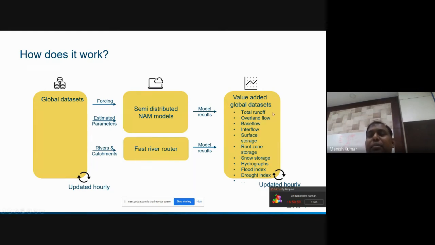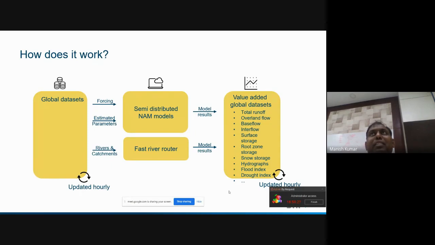For this, what you need is a user ID and password. You can select your catchment area, anywhere in India. Just log into your DHI account, and then you can see any catchment area, any river point.